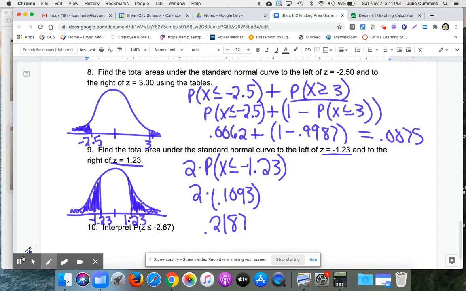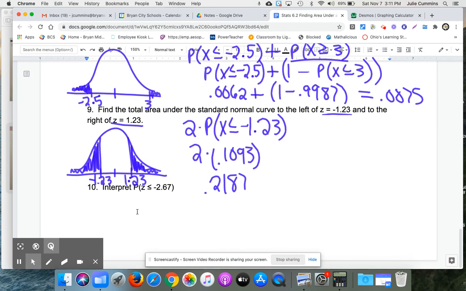All right, the last thing, do I have room to scroll down there and catch it? There it is, barely. Last thing we want to do is interpret, okay? So interpret means explain in words, and I know you can't see that super well. We want to interpret the P of Z is less than or equal to negative 2.76, okay?